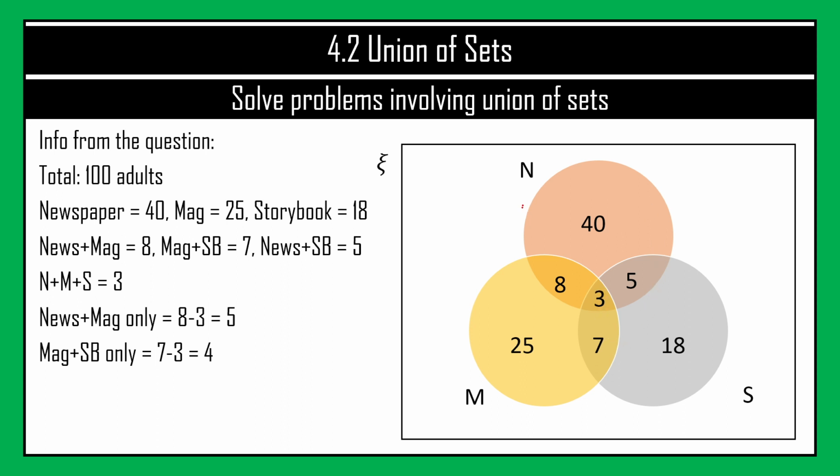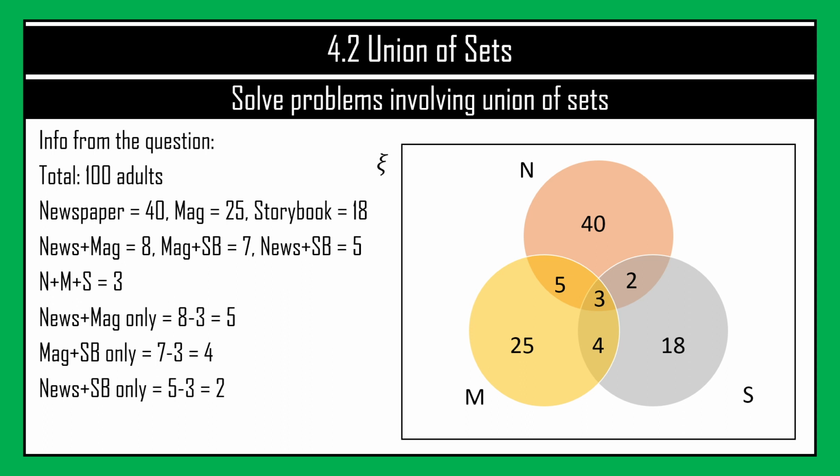The last one will be newspaper and storybook only. So let's minus 3, we got 2. So now that we have found this out, we need to write the correct number for that section. Okay, 5 for newspaper and magazine, 4 for magazine and storybook, as well as 2 for newspaper and storybook only. Those are the numbers for the sections only. Okay, we are finished with that one.